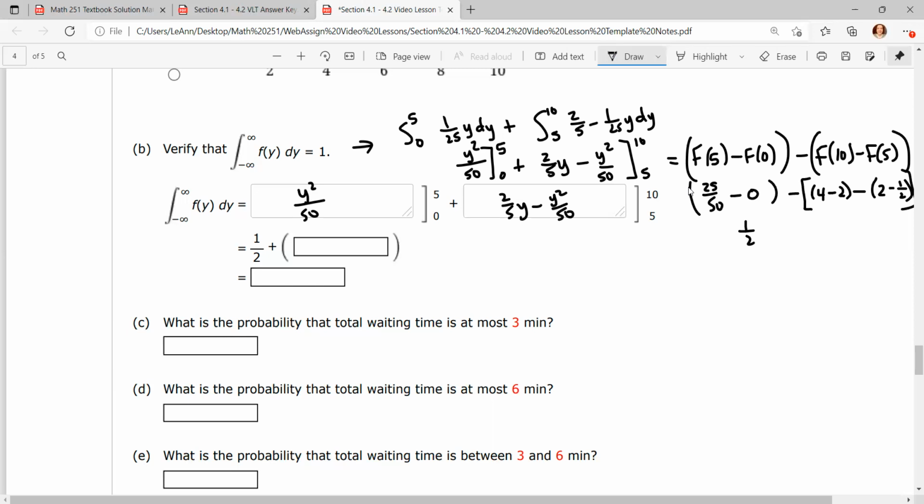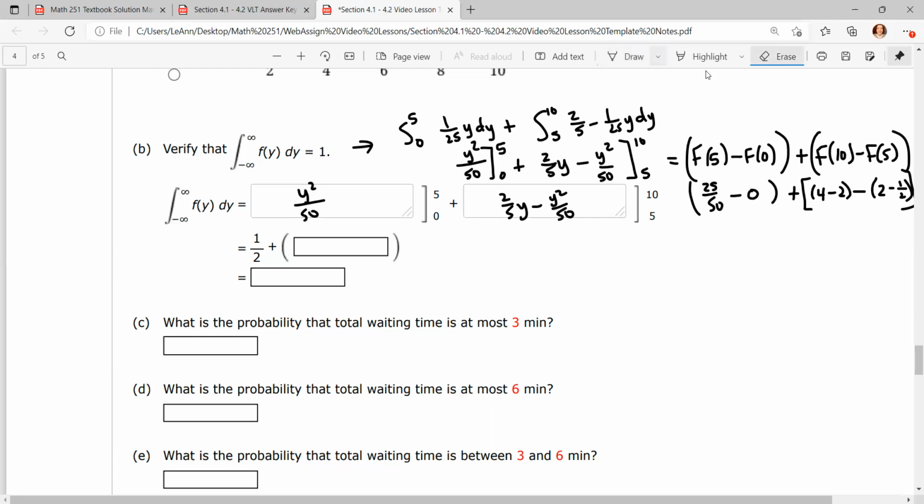Minus a negative would be a positive 1/2, but we do have that minus sign in front. Oh, wait, I already distributed it when I was talking. Hang on, let me double check myself. Yeah, because we should get 1 and it's a sign change. Oh, that was a plus. Sorry, I do not have my contacts in right now.